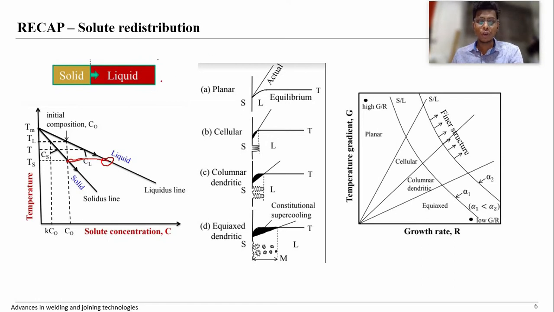Solute distribution. In this section, I mainly want to explain how this equilibrium graph works and what this actual graph signifies. This graph is from any binary alloy, where the concentration increases like this.